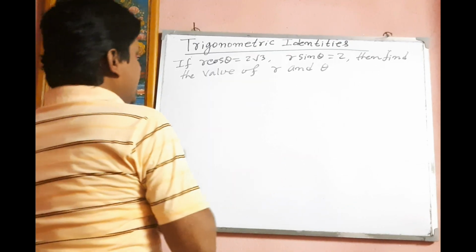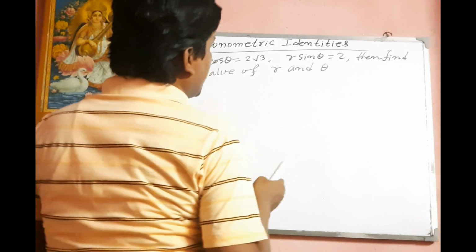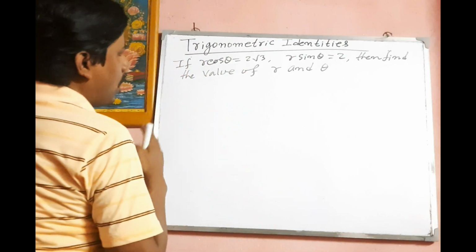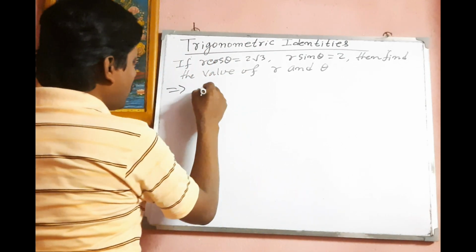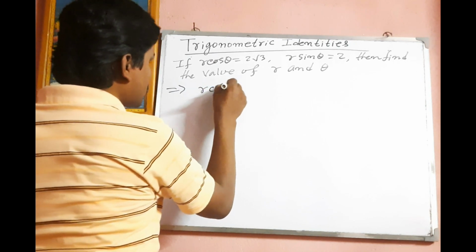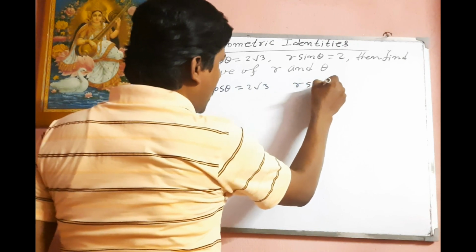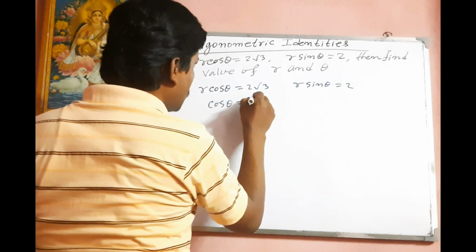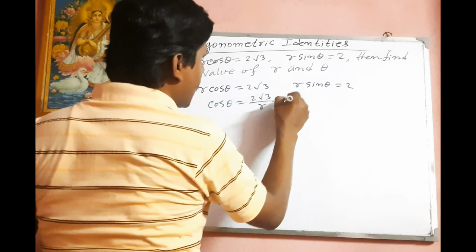Next example is: if r cos theta is equal to 2√3 and r sin theta is equal to 2, then find the value of r and theta. By the given information, r cos theta is equal to 2√3 and r sin theta is equal to 2, then cos theta is equal to this one.